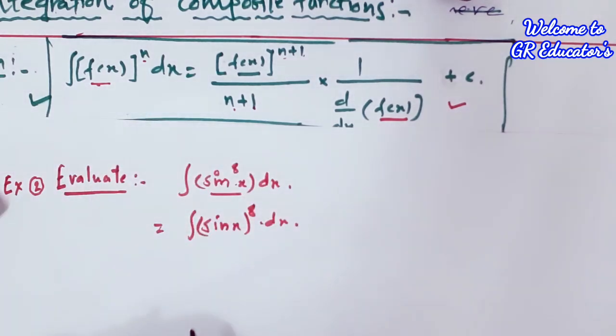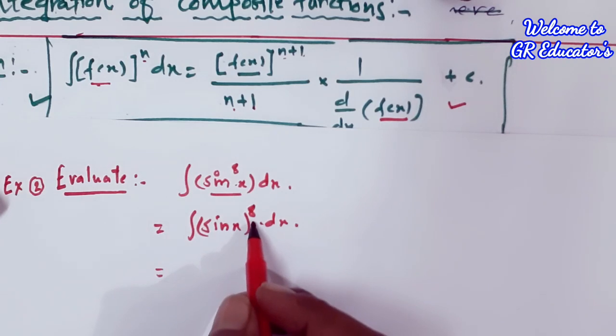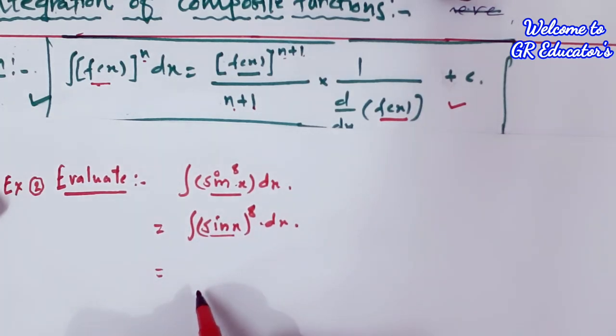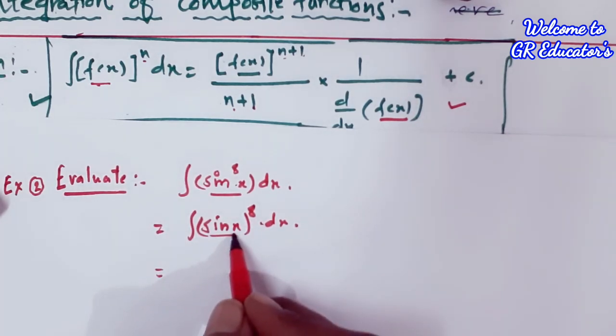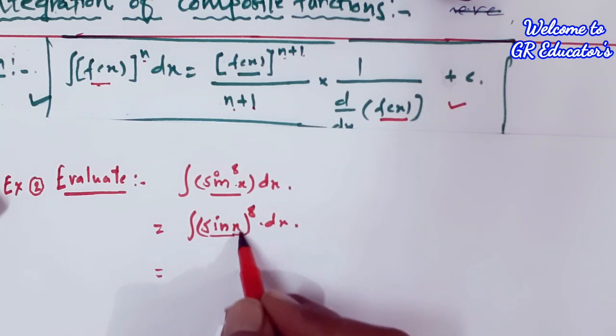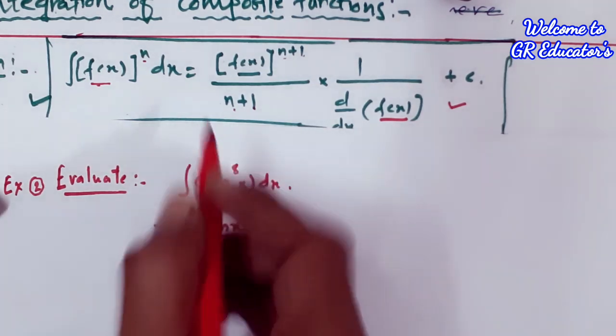After applying this form, n means 8 and the function here is sine x. Check whether the function contains a function of function or simply a function. If it contains 2x or 3x, then sine is a composite form of 2x. But here it is simply x, so it is a regular function.